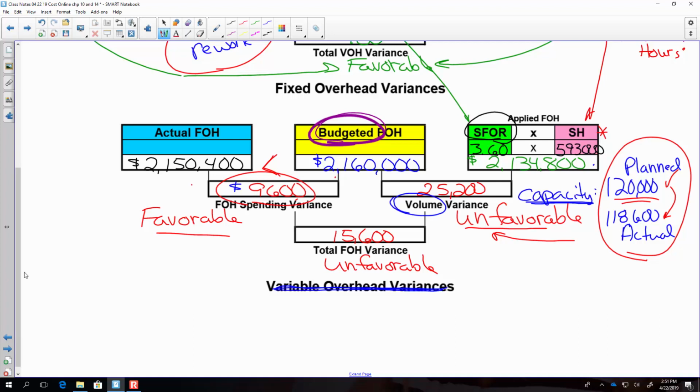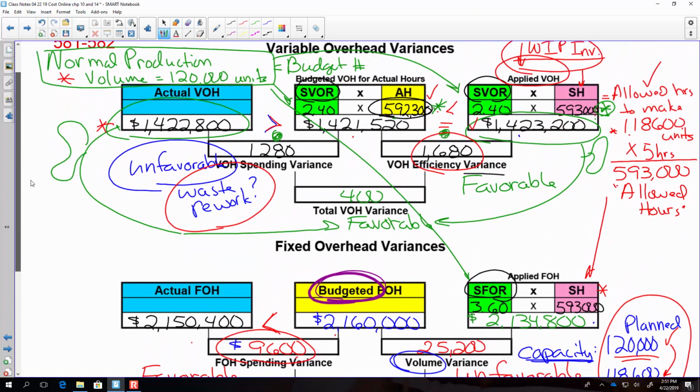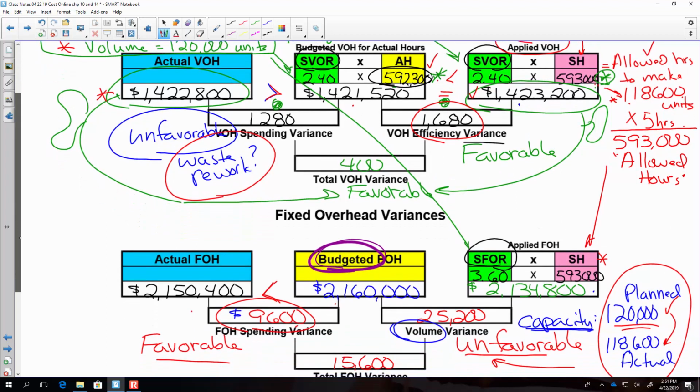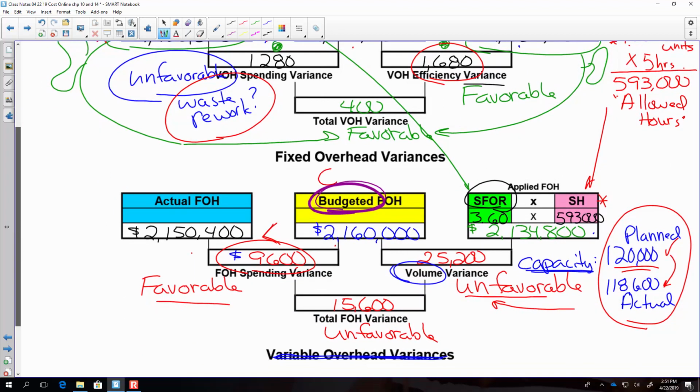So just as a review then, guys, be aware how to get the SH, the standard hours allowed. You have to use actual production. That's the main thing. Critical. And then 5 hours was the allowed hours per unit, right? To make 1 unit. Also, what's very important, for the fixed overhead, the budget amount, we have to give you this in most cases.